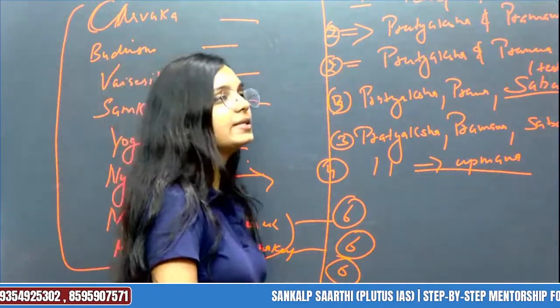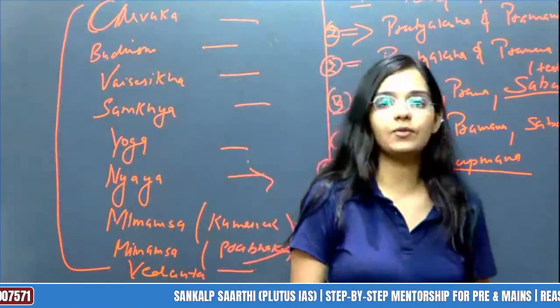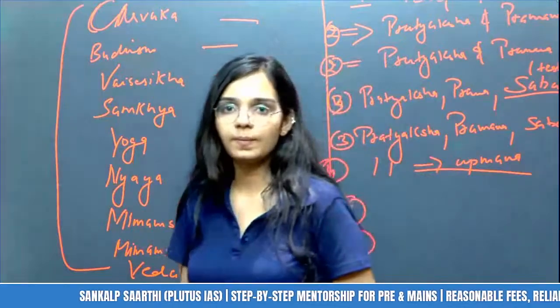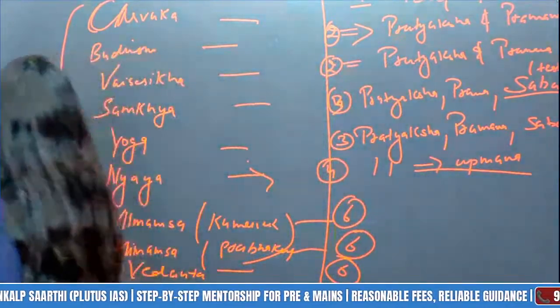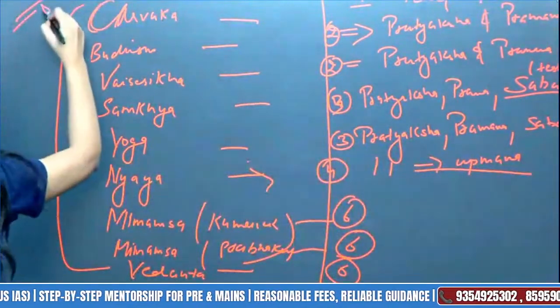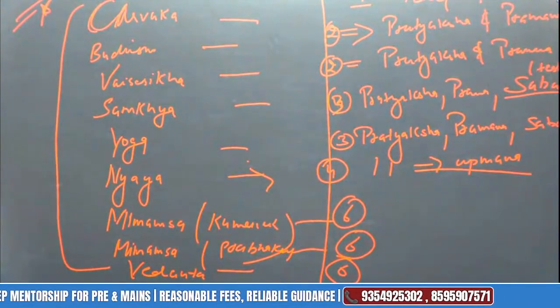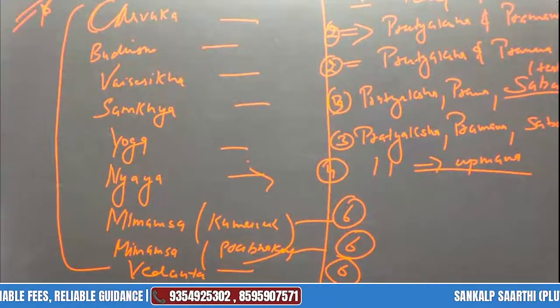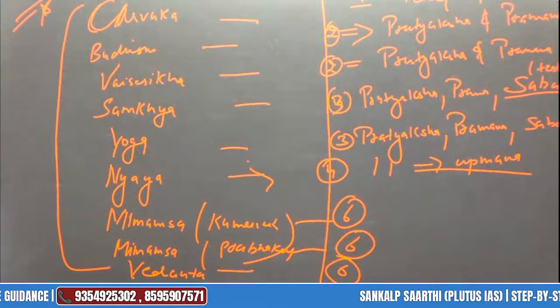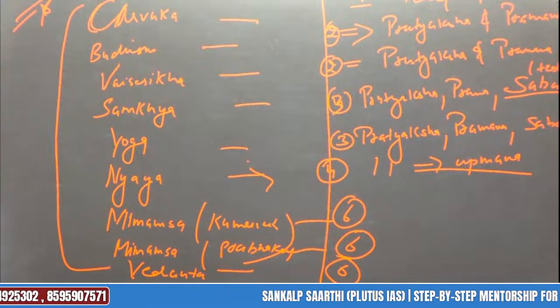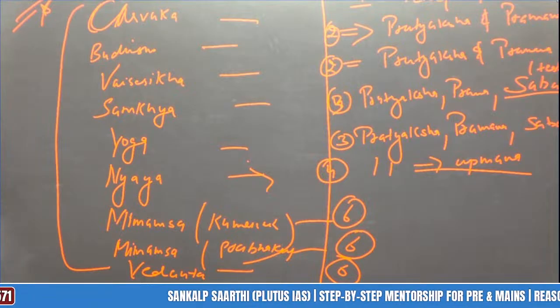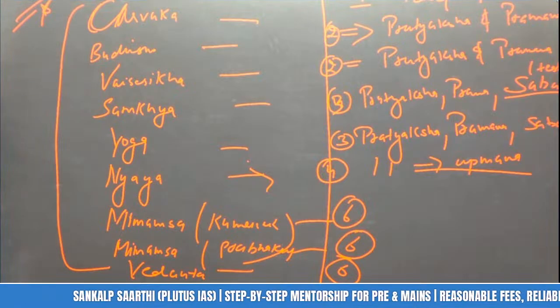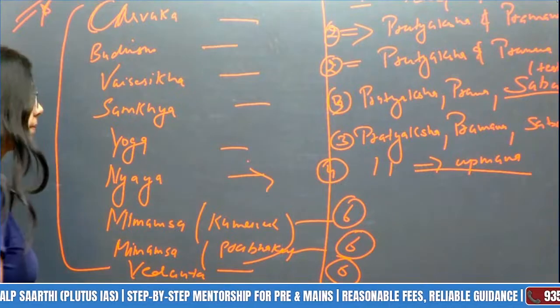So this whole table is covering all the valid means of knowledge that they have accepted. And this is very important, and it should be on your tip. Got it? Written? Should we move to the next slide, ma'am?